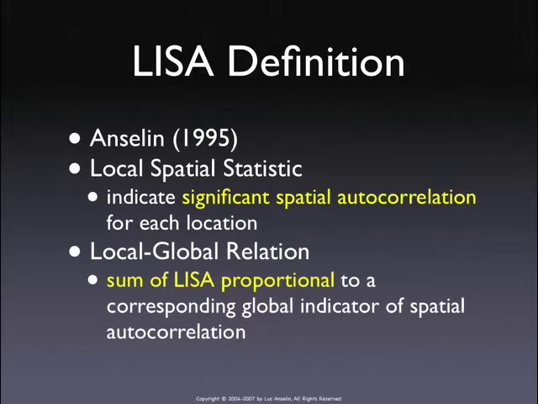And the one is really the important one, the way to characterize individual locations in terms of the presence of spatial autocorrelation, or more precisely, in terms of the absence of spatial randomness focused on a particular location. So that is a local statistic. Very important. It's for each location. So you have as many statistics as you have observations, as many statistics as you have locations.